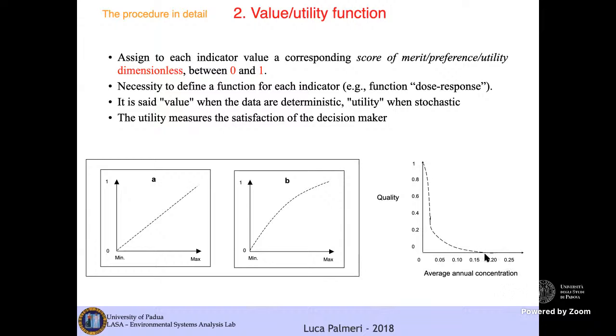So when the concentration of phosphorus grows, you may have eutrophication conditions. So the quality of the system tends to zero when the concentration value of a toxicant overcomes a fixed value threshold.